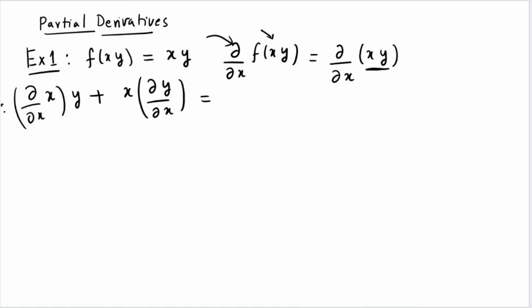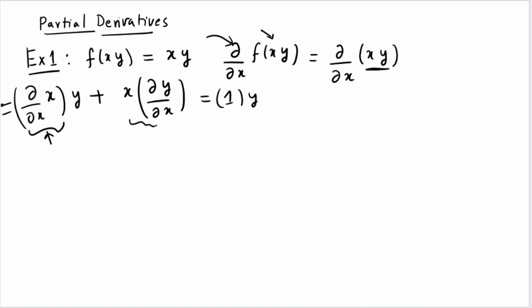Now, the first term will give us 1. We will treat this as a regular derivative. The derivative of x with respect to x is 1. So therefore, we will get 1 times y.